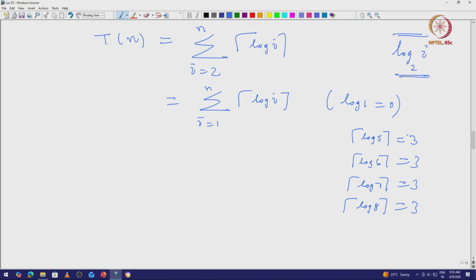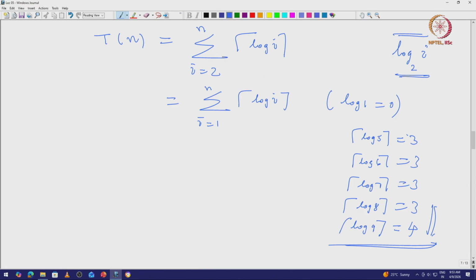You can see that successive values are all equal, but when you cross over a power of 2, what happens to ceil log 9? Log 9 will be 3 point something. So, when you take ceil, it becomes 4. So, at a power of 2, you can see that the value changes, it is 1 more. For others, it is the same, it will be 3, 3 and 3, suddenly it will become 4.